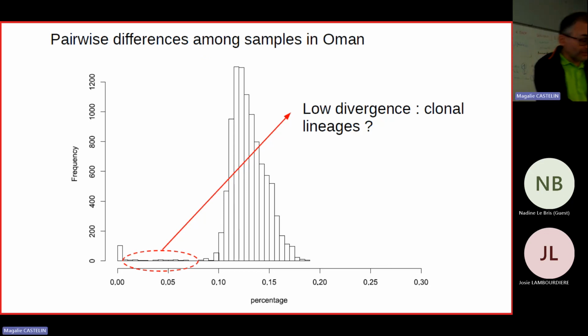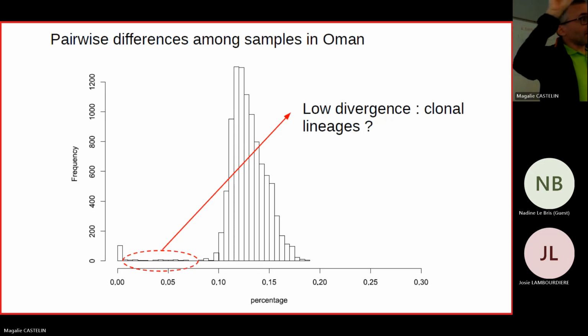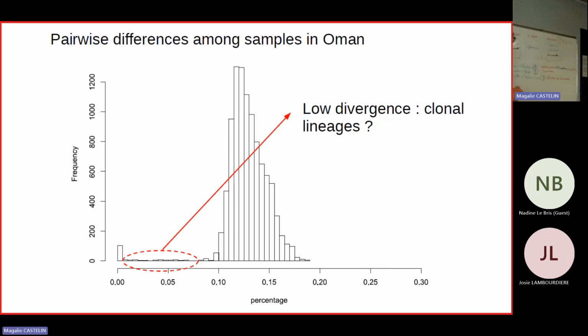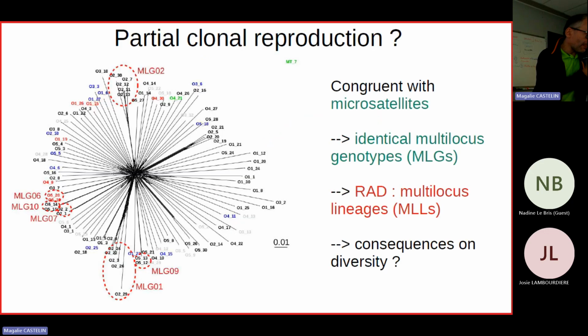So even if you sequence the same sample twice, you will get some differences. The other reason is that if the clones are old enough, you could have a few mutations which can separate the different colonies which come from the same clone. So this is exactly what we expect from clonal lineages analyzed with RAD sequencing.